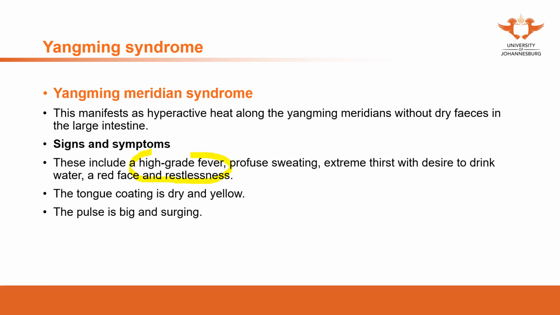The reason is that the Yangming meridian has plenty of blood and qi. Profuse sweating, extreme thirst, thirst with desire to drink. So this is very different from the previous one. The previous one drinks and vomits immediately. This one drinks with desire to drink. Red face, redness. As you can see, this is actually an excess heat syndrome in the Yangming meridian.